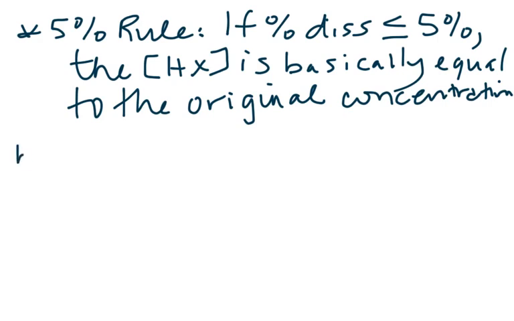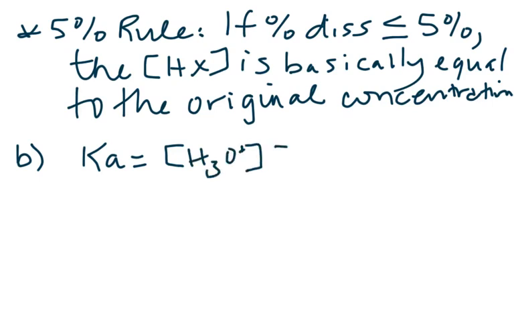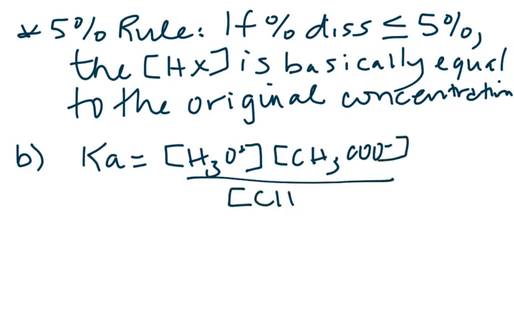So now part B asks us to find Ka, and Ka is the same as Keq. You take your products over reactants, so we have H3O plus concentration times CH3COO minus concentration divided by the original concentration of the acid, because we know percent dis was less than 5.